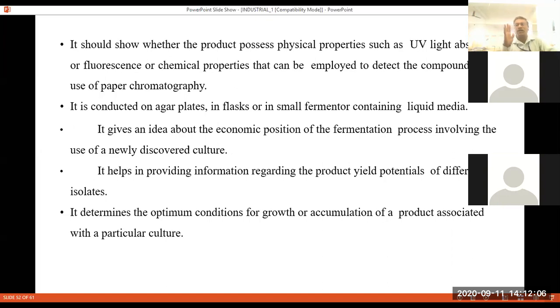The cost of 1 liter of the fermented broth is near about 5,000 rupees or 10,000 rupees.